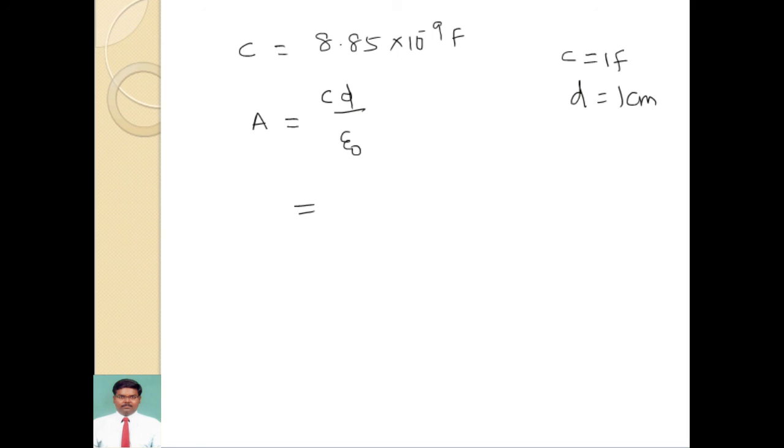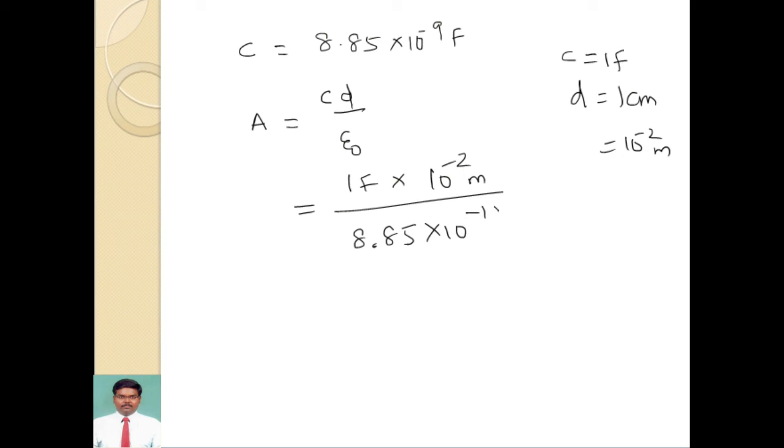So if I substitute these values in the equation, it will be 1 farad into 1 centimeter. If you convert into meter, it will be 10 power minus 2 meter. So 10 power minus 2 meter, that is divided by 8.85 into 10 power minus 12. On simplifying this, I am getting the value approximately equal to 10 power 9 meter square.